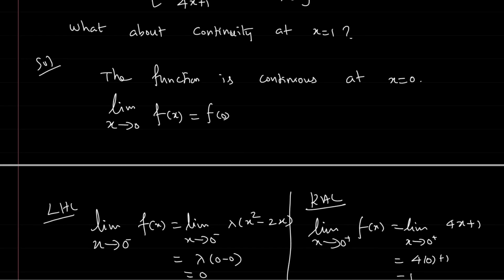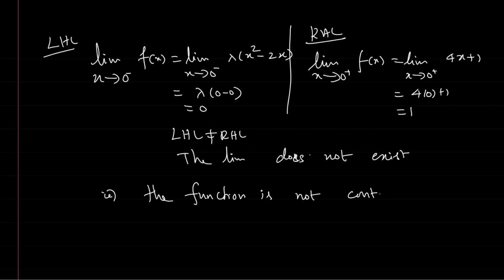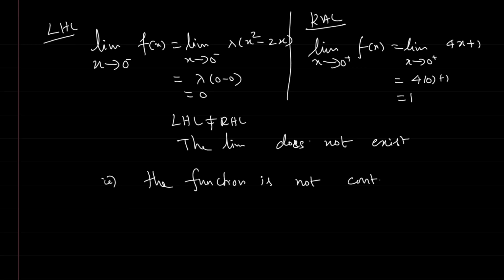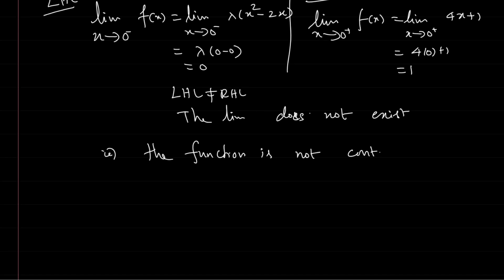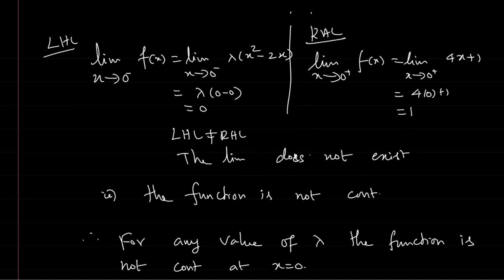But we started with the function is continuous at x equal to 0. Here we arrived that the function is not continuous at the point x equal to 0. Therefore, for any value of lambda, the function is not continuous at x equal to 0. So this is the answer for the first question.